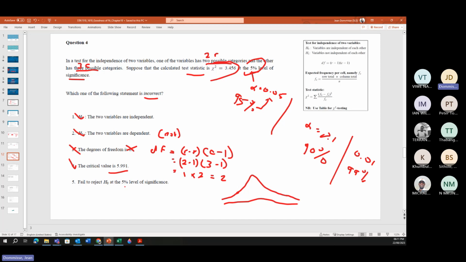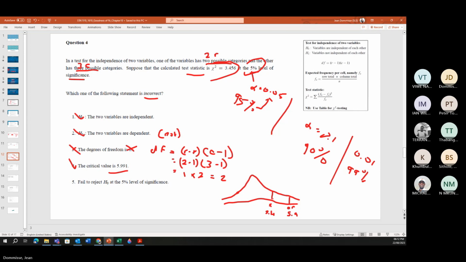So what we will do again is exactly the same. They tell us the t-stat that we calculated is, let's just say, 3.4. Your critical value is 5.9.